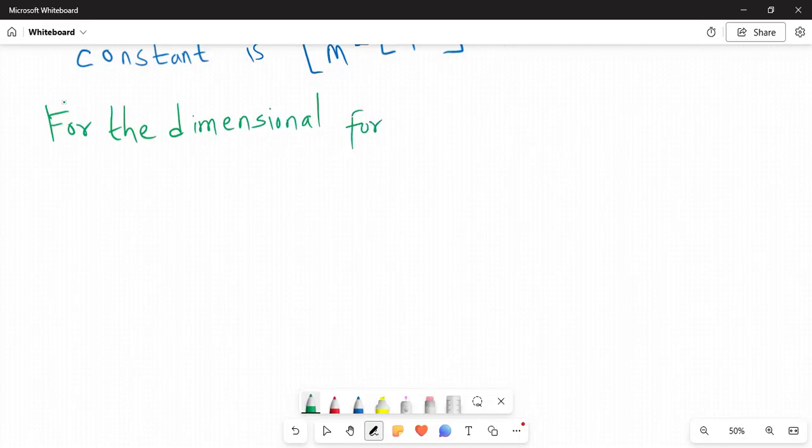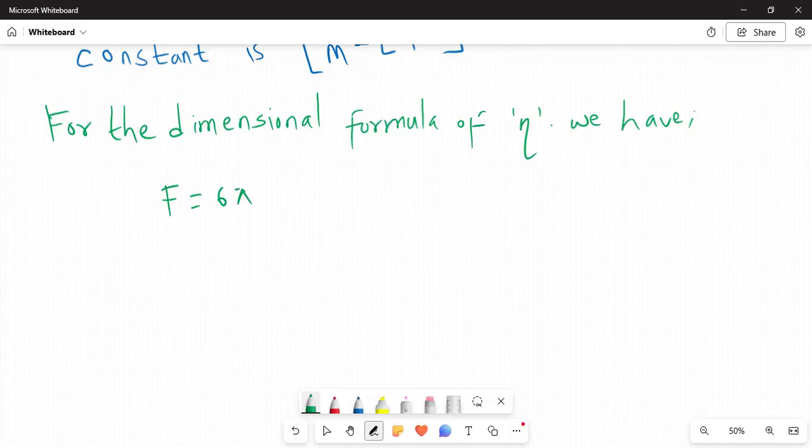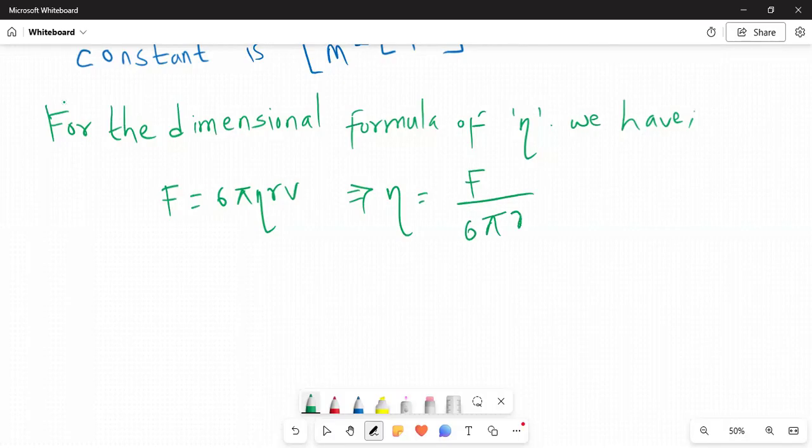For the dimensional formula of coefficient of viscosity eta, we have the formula for viscous force given by Stokes, F equal to 6 pi eta r v. Now from here we can write eta equal to F divided by 6 pi r v.